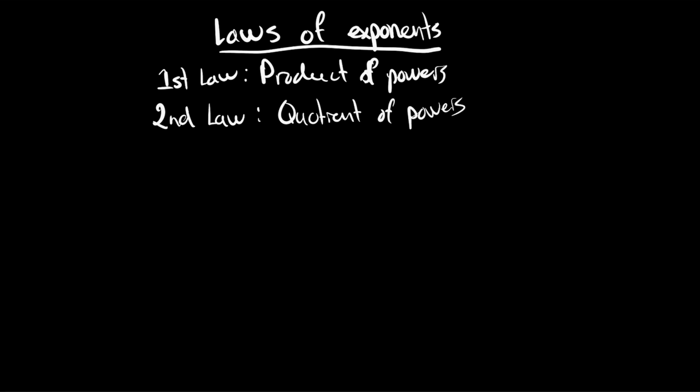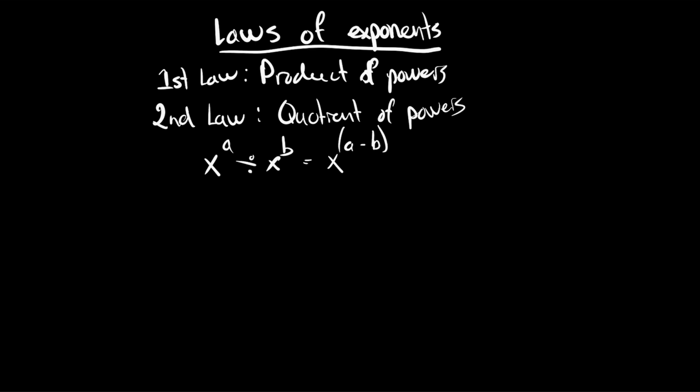Now let's talk about the second law, which is quotient of powers. For the last law, we used the multiplication between powers. This time we're going to do the division between powers. And what this law says is instead of doing a plus, you do a minus between the exponents.